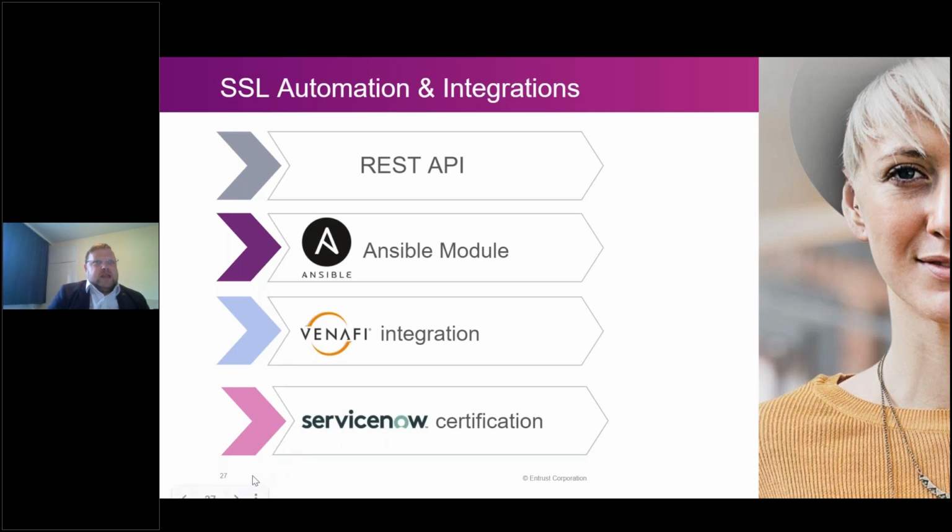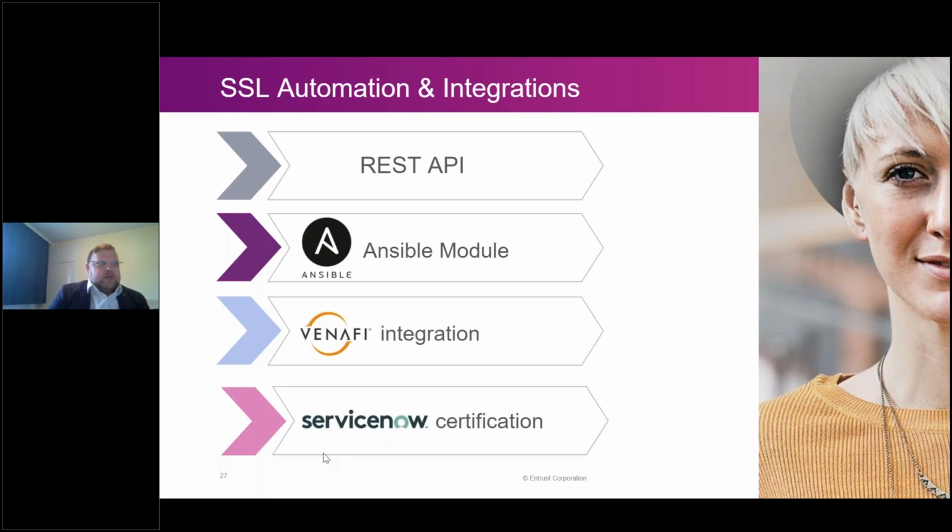When IT has to manage disparate activities like TLS SSL across multiple platforms and applications, it does have the potential to create blind spots. And when those blind spots are in place, this can create risks of unexpected outages or compliance breaches.